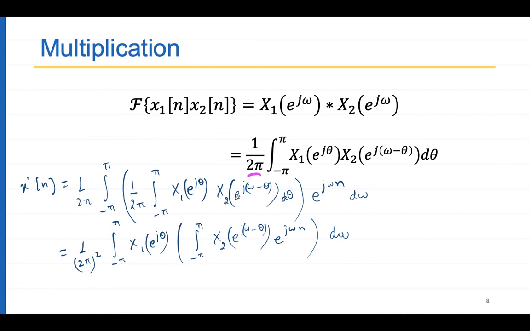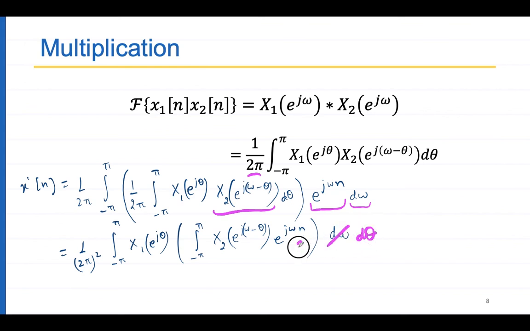This term has an omega, and this term has an omega, and this is omega. So I take my d omega inside and my d theta is outside.